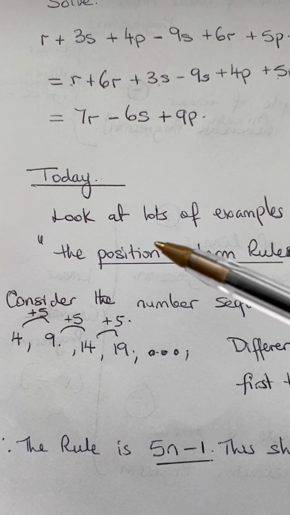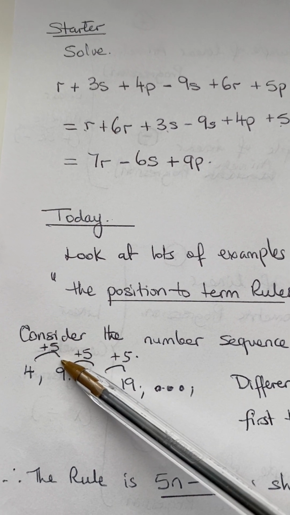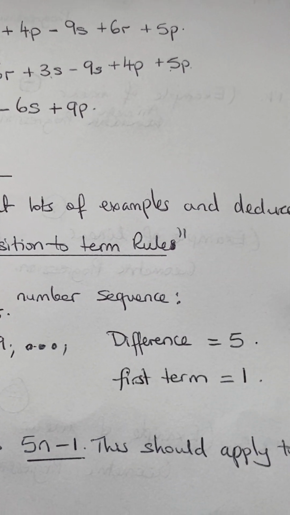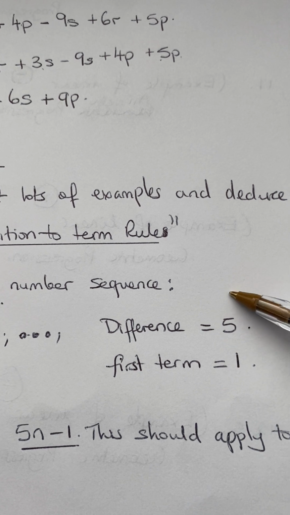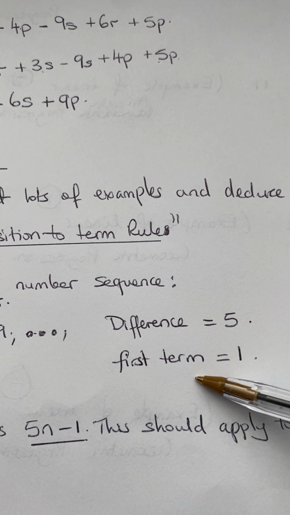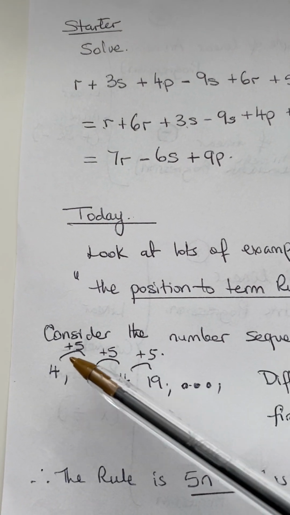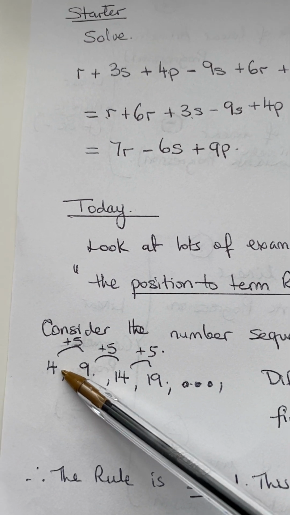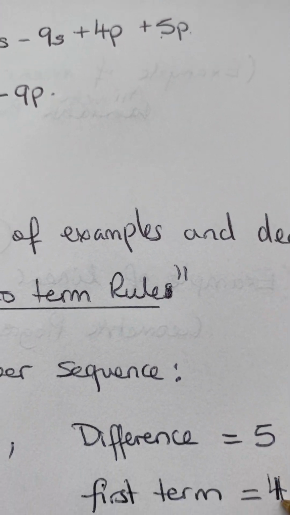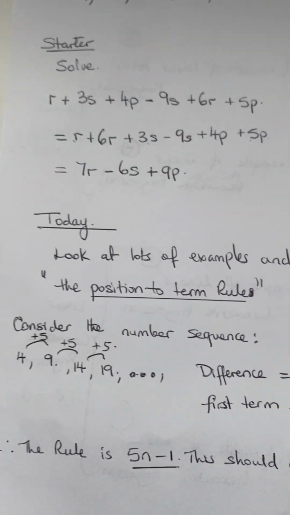First of all, we know that the difference is 5, an increment of 5, so we write the difference. The first term here is 4, but n equals 1.